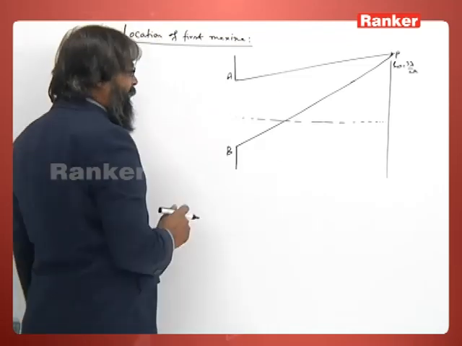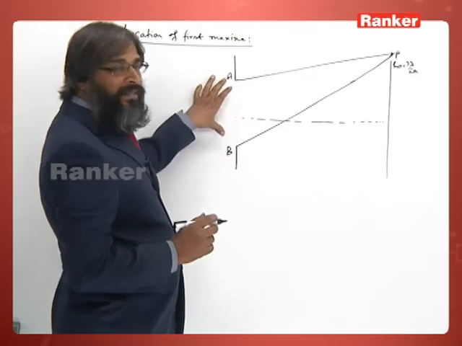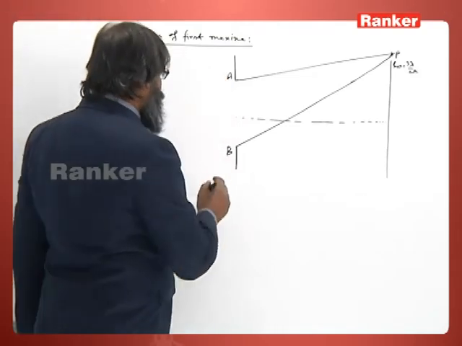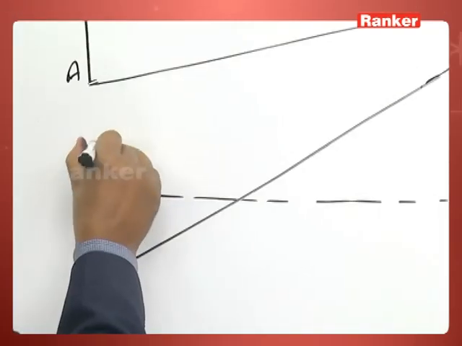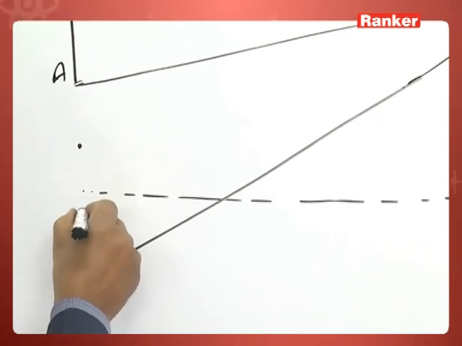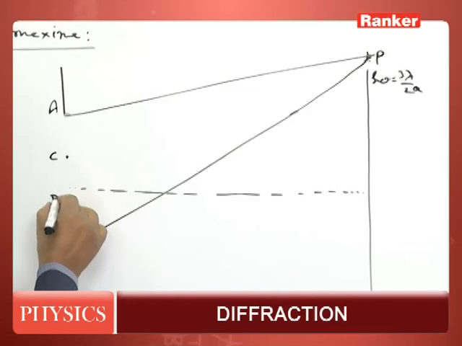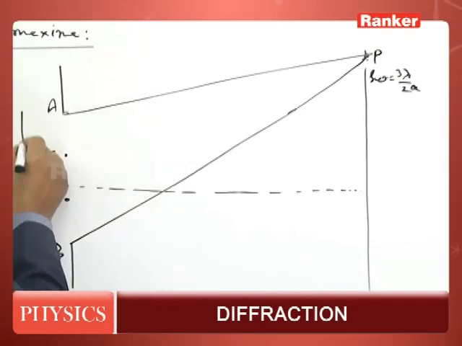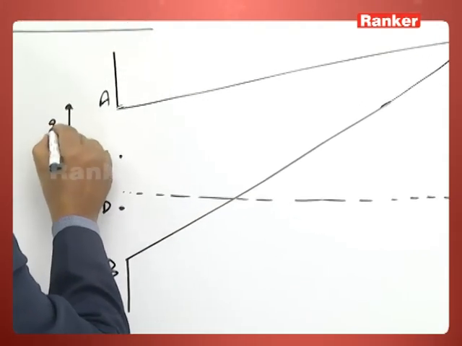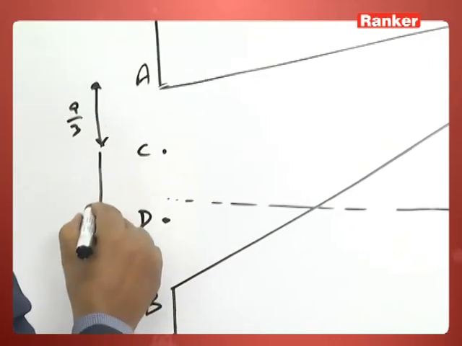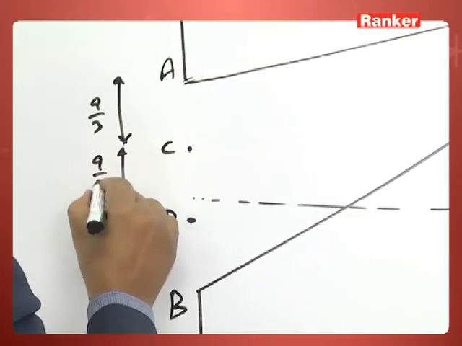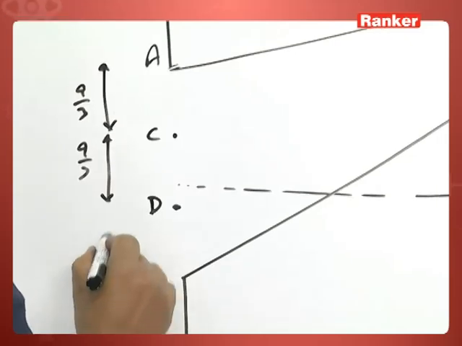In order to get maxima, we divide the slit in 3 equal parts. So these are 3 equal parts, A, B, C, D. So this is a by 3, a by 3, this is again a by 3, this is again a by 3.